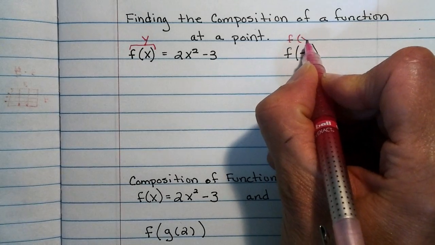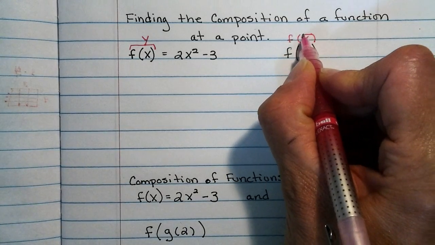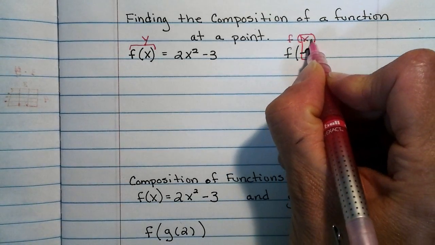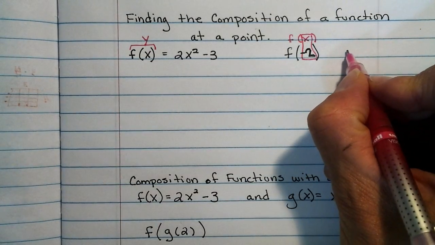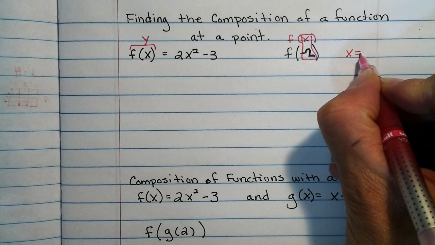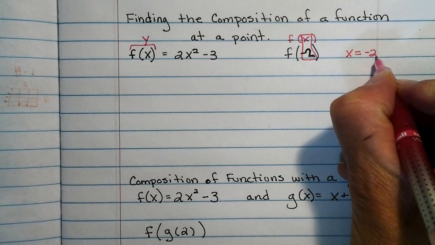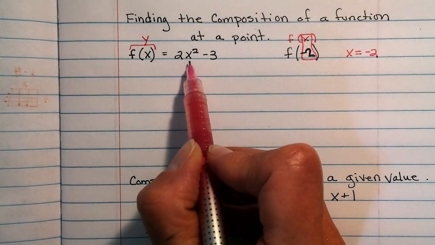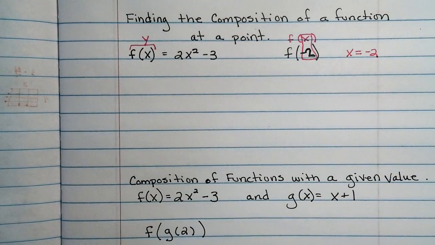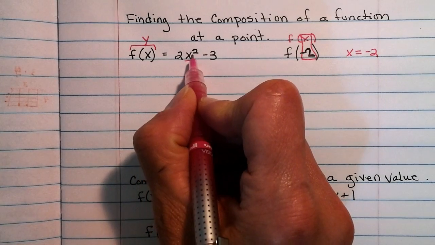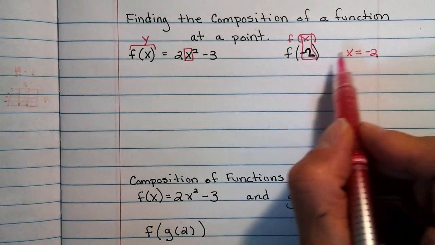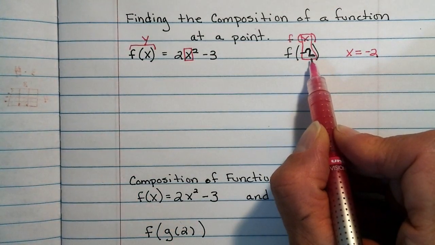So if I write f at -2, I can see that -2 is in the same position as my x. So this means that x will equal -2. That means in my original function, wherever I see an x, I'm going to replace it with whatever value is inside the parentheses.